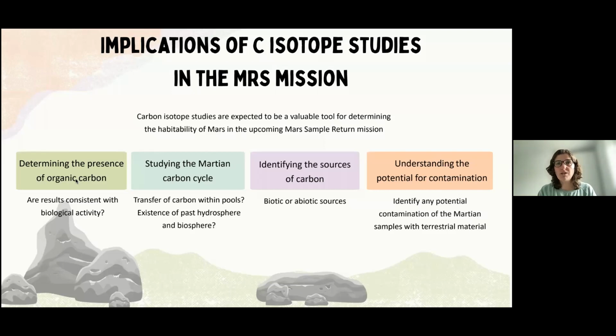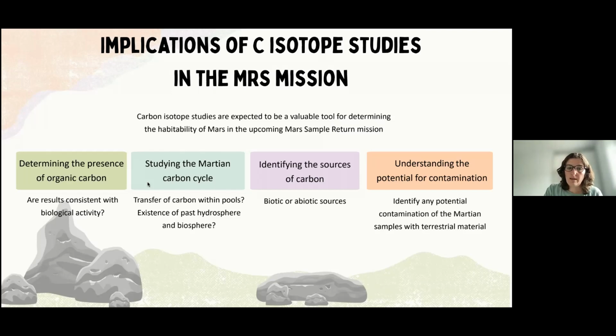Also, another implication is the study of the Martian carbon cycle, because carbon isotopes can help to better understand what are the sources and sinks of carbon on the planet, and also how this carbon is moving through these sinks and sources.